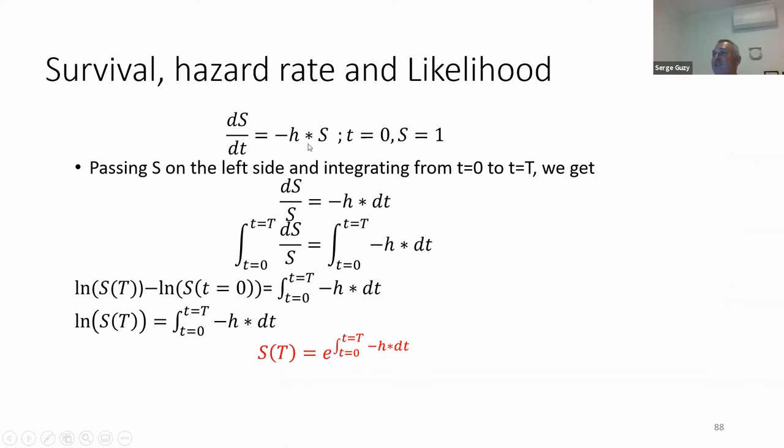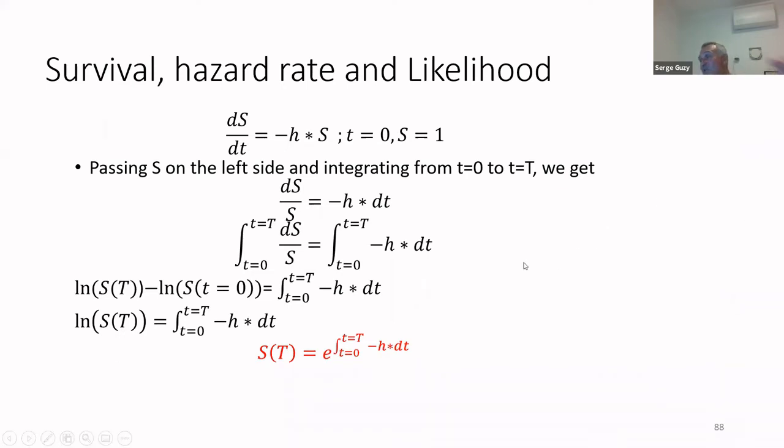Now, if I'm looking at the survival distribution at a specific time, what's the meaning? If, for example, I'm telling you that s is equal to 0.5 at t equal 5, what does that mean? It means that the probability to survive up to 5 days is equal to 50%.